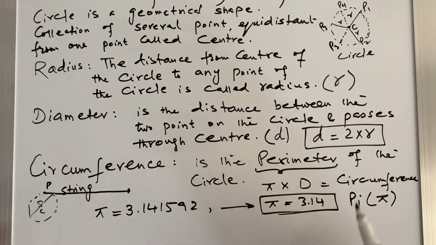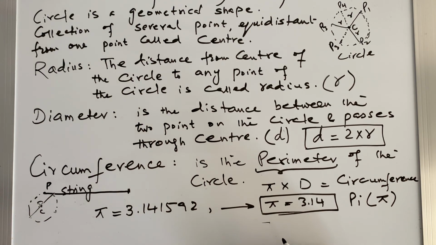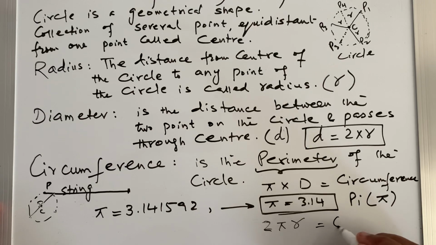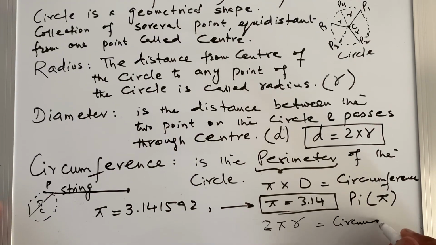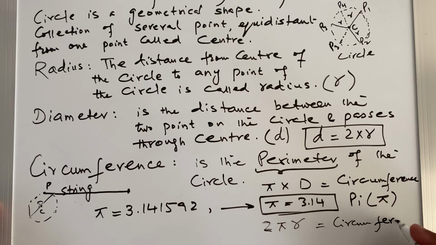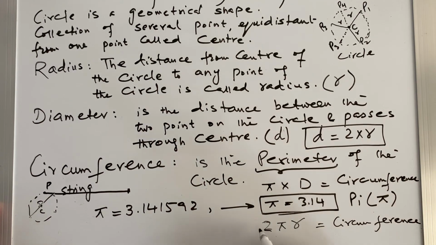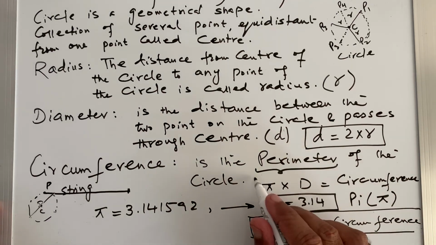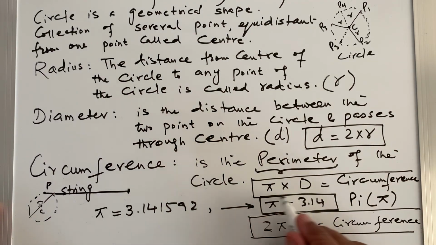But as diameter is 2 times r, we can also set up this equation in terms of the radius, right? So circumference can also be written as 2 pi r. This circumference is in terms of r, and the previous formula was in terms of d.